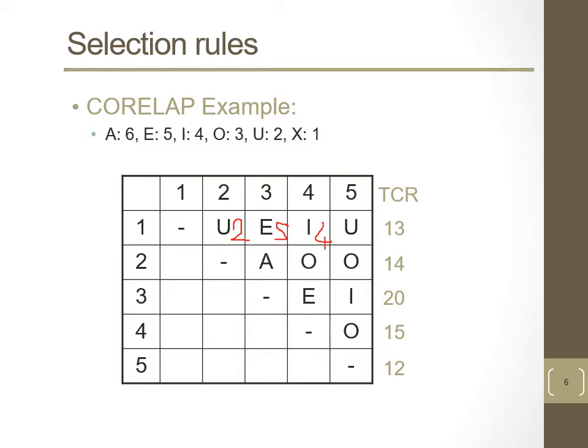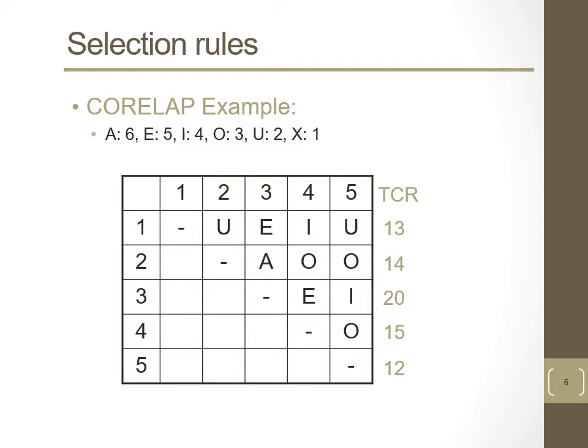And what about U? It's 2 again. So when you sum up all these scores, 2 plus 5 plus 4 plus 2, we obtain a TCR score of 13.